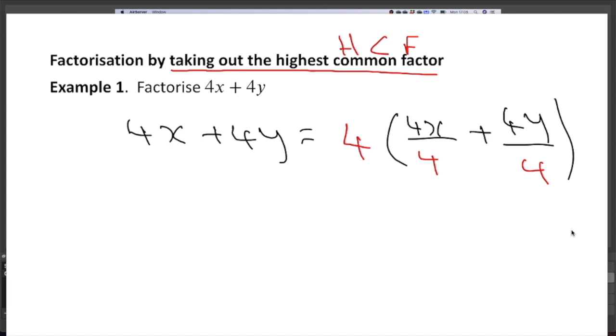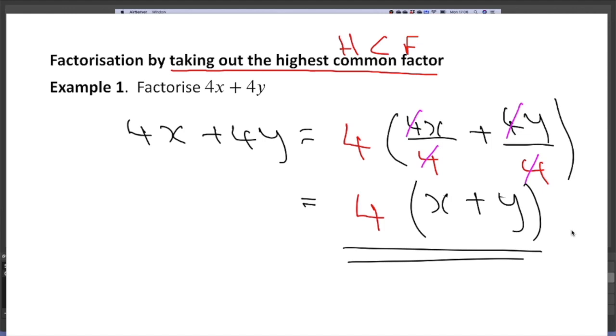Right, so let's divide. What is 4x divided by 4? Clearly the 4's will cross out, and so you remain with x. And the 4's there also will cancel out, and so you remain just with your y. So the answer is 4 brackets x plus y.